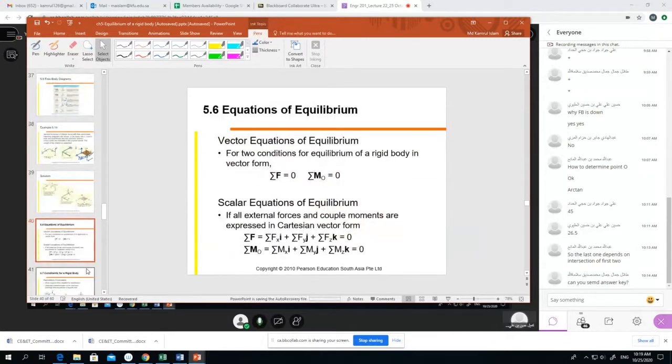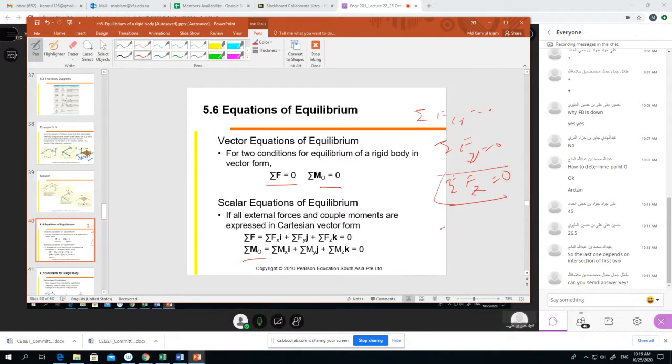Now next class, the equations are all the same. Summation of Fx equal to 0, summation of Fy, or vertical, equal to 0, and the new formula is summation of Fz also 0.